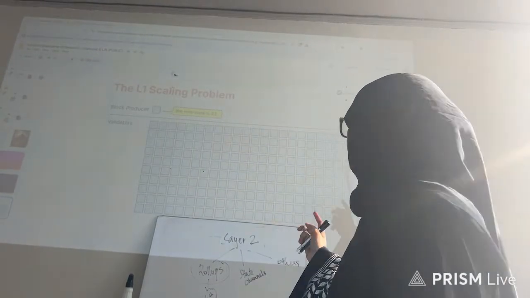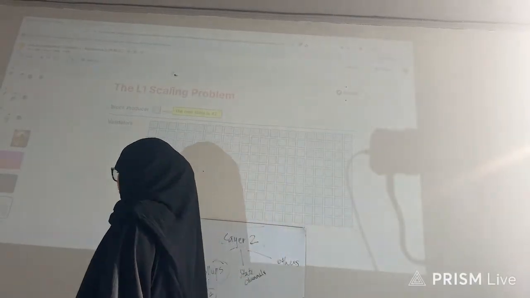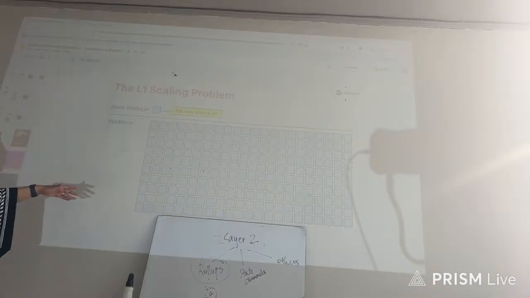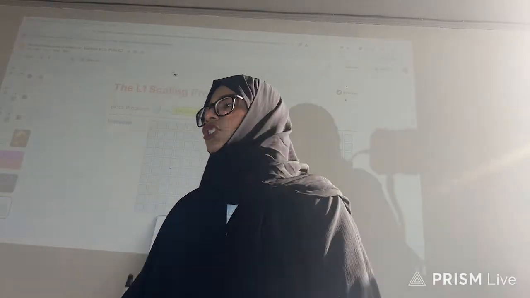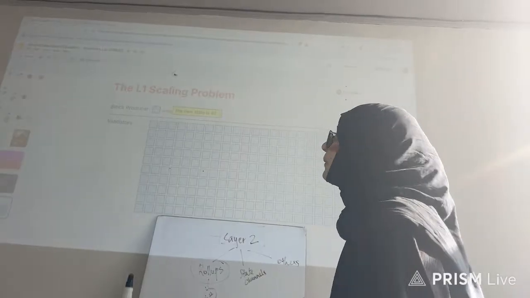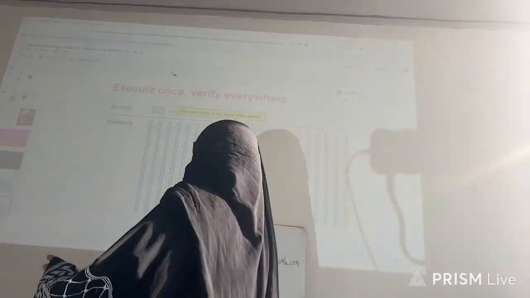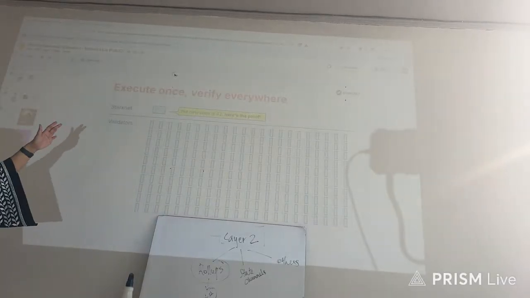Validity proofs. Now, what are we actually looking at here? The L1 scaling problem was that validators, when a block was produced, had to validate the entire block. They had to run the computation again on their system. But with Cairo's validity proof feature, let's say somebody generates a new block and they also present a proof.